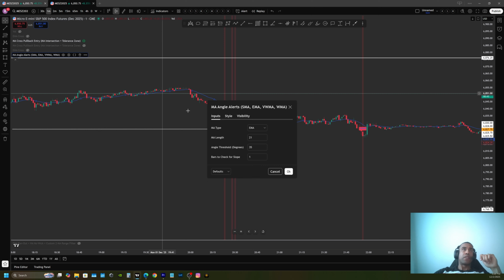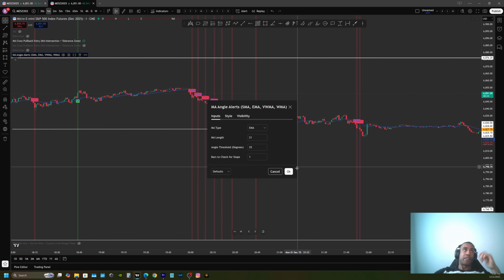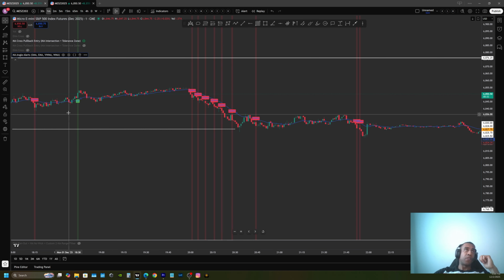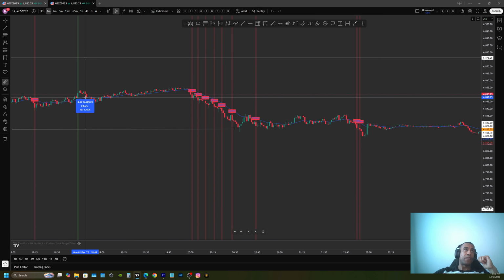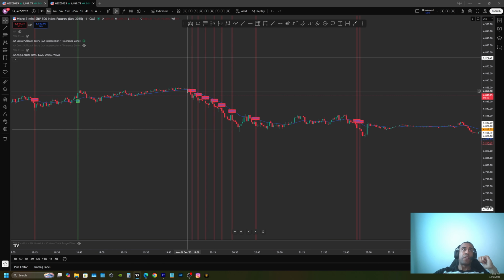So if you want a more responsive, like a little more to enter faster in the trend, say, 25 degrees, okay? Started to angle up, waited for the pullback to the 21 EMA, enter, a few points of drawdown, and go up.